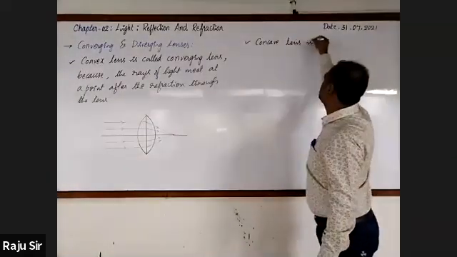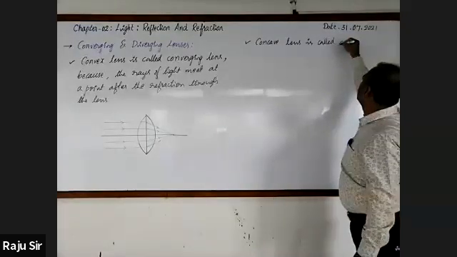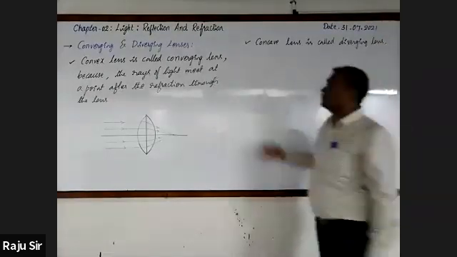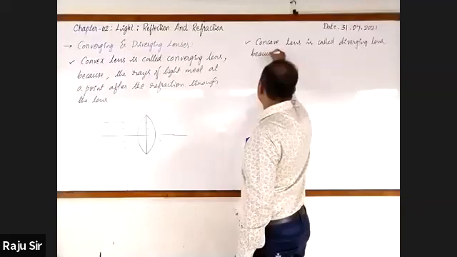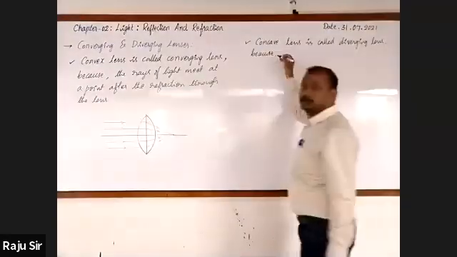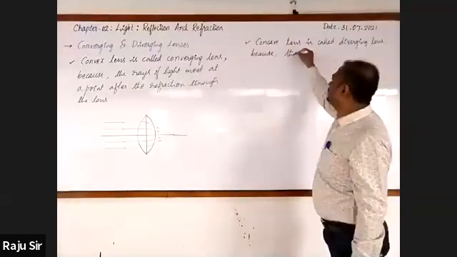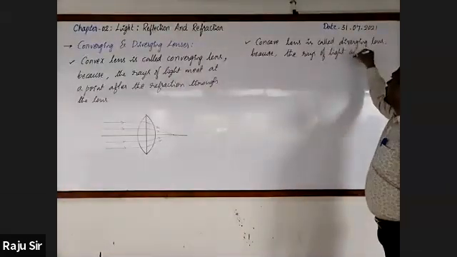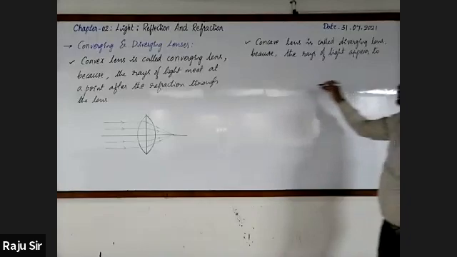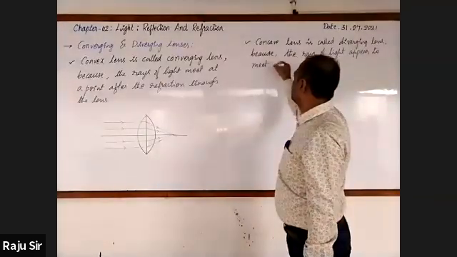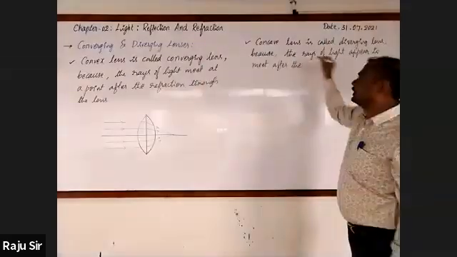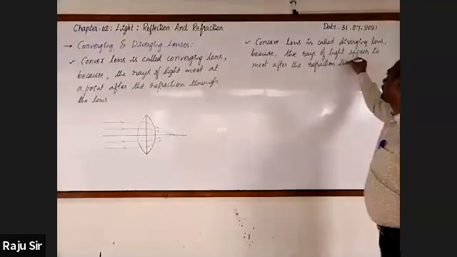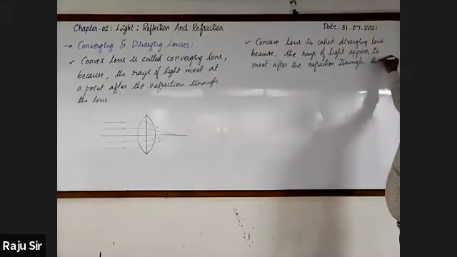Concave lens is called diverging lens because the rays of light appear to meet after the refraction through the lens.